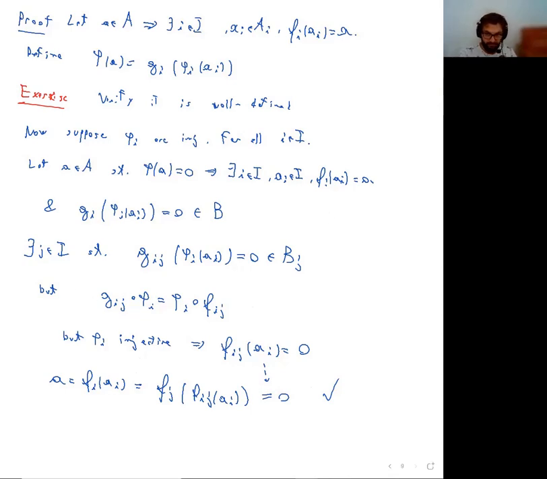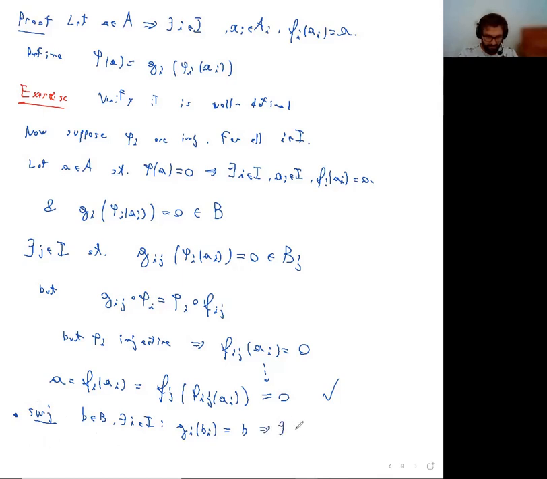And surjectivity. Okay, we take B in B. Then we take a representative, so G_i of B_i equals B. Since phi is surjective, we can hit this, right?